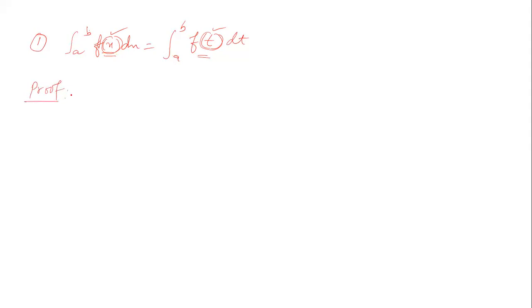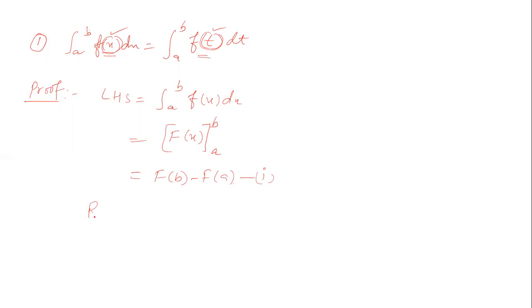Taking LHS, say it is integral from a to b of f(x) dx. Suppose the antiderivative of f(x) is capital F(x) and the limit is b to a. That is F(b) minus F(a). Say this is equation number 1.